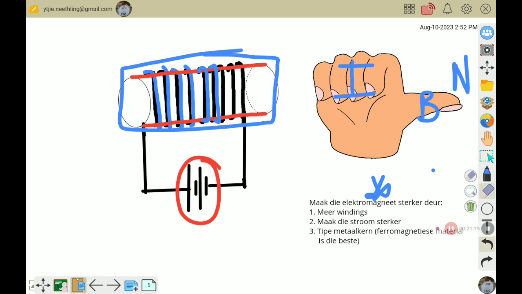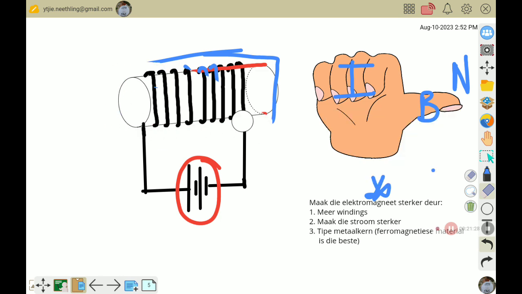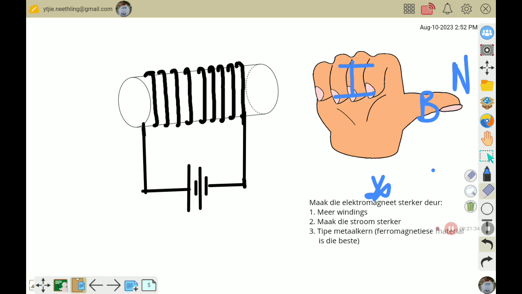So, your 4 other fingers will point in the direction of your conventional current, and your thumb will indicate where's north of this electromagnet. Okay. So if we look at our picture, our battery, we see from the positive, we need to move from the positive to the negative side.